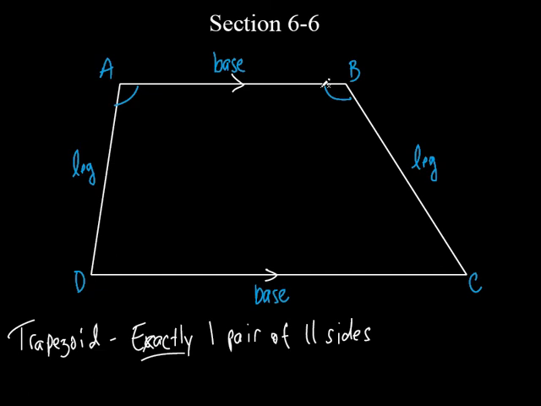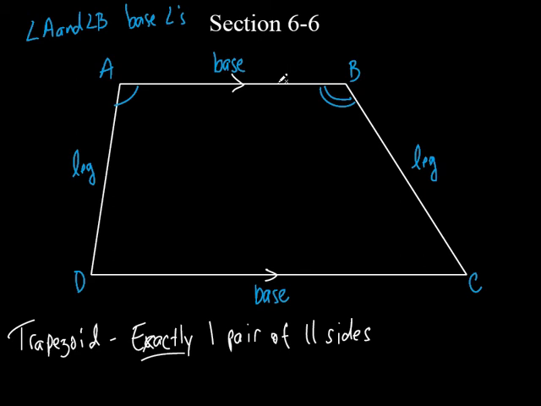I'm going to put 2 arcs because they're not necessarily equal to each other. But would you agree they both have this top side in common? So we call these two angles base angles. Angle A and angle B are called base angles because they connect the same base together.